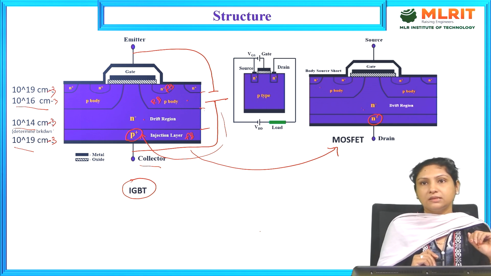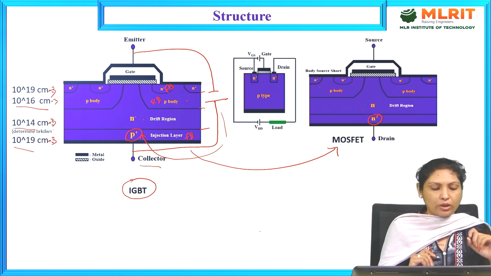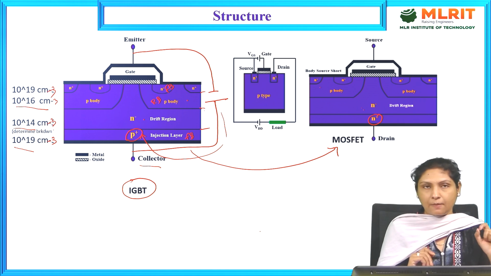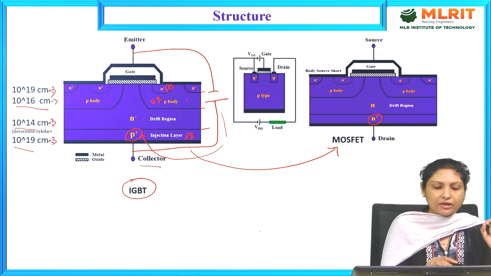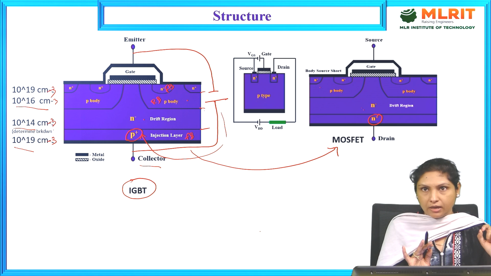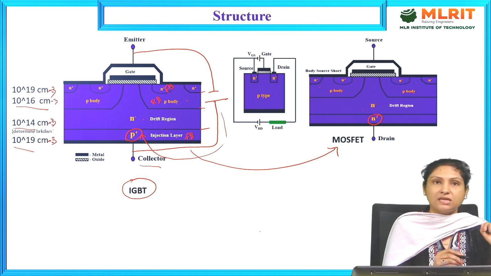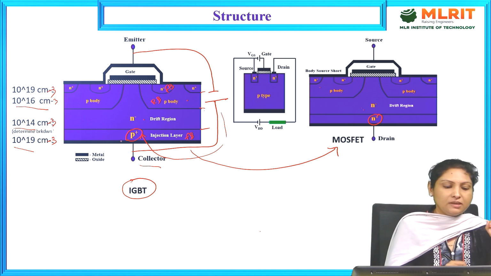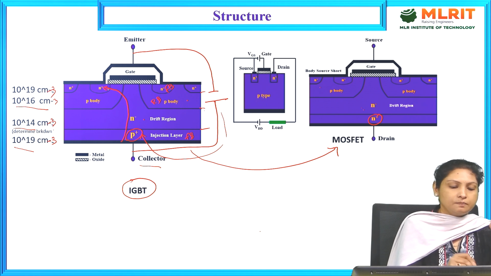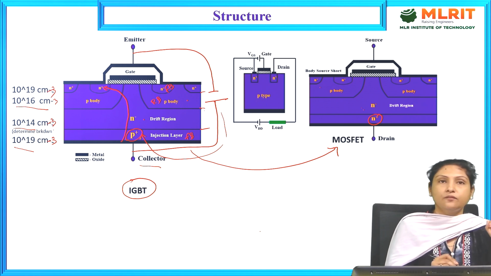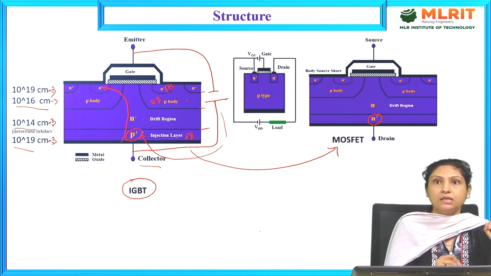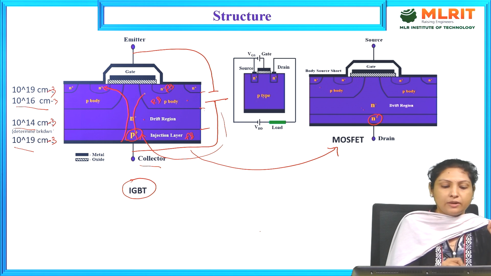So that is the reason when the gate voltage is applied, and when emitter to collector voltage is applied, the current starts flowing from P plus layer to N plus layer. From the P plus layer, the holes will be moving towards the emitter terminal, and that is the reason the current direction will be from collector towards the emitter terminal.